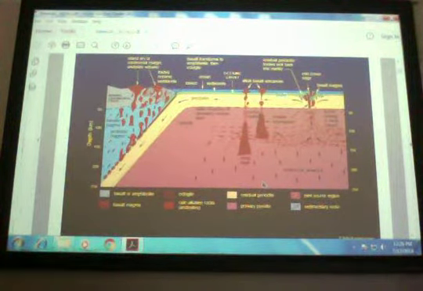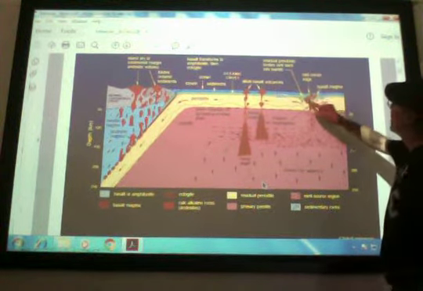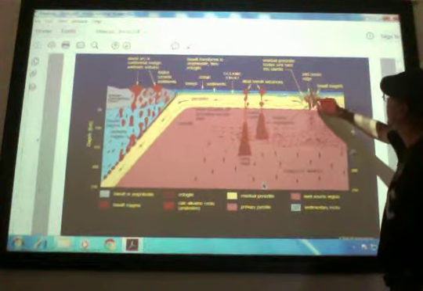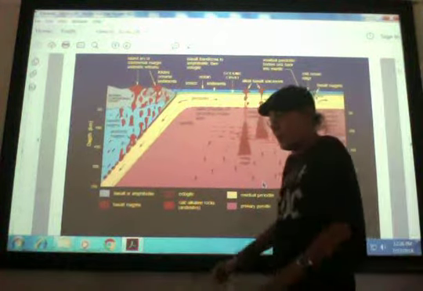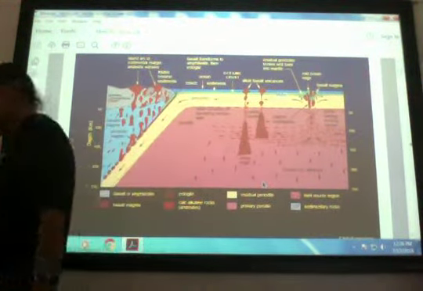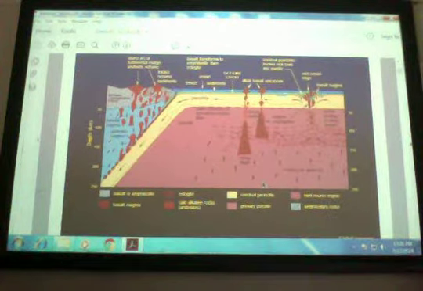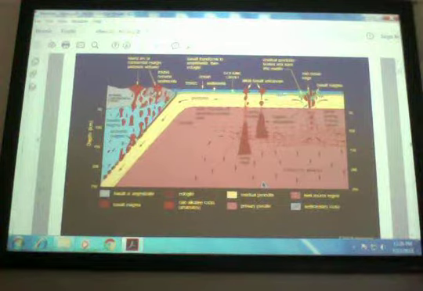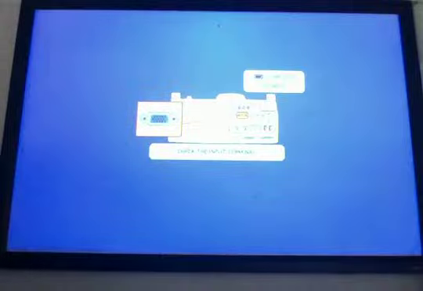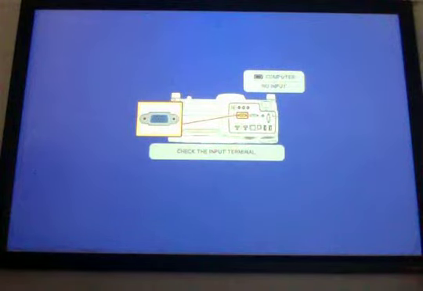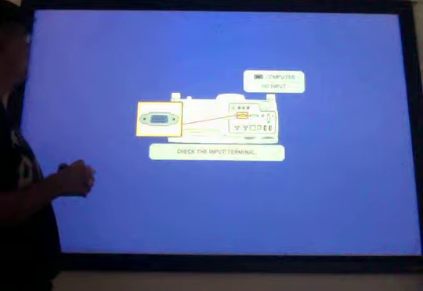So here in the middle we have the rise of basaltic magma, and that is here at the oceanic ridge, the mid-ocean ridge. When the melt rises up, you can start with the movement of plates, one plate going to the left and the other going to the right, if we would have input from the computer.